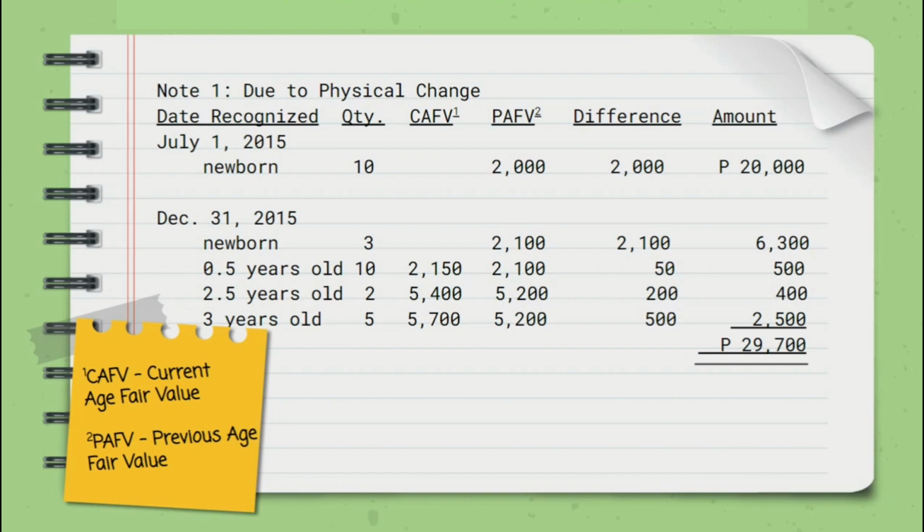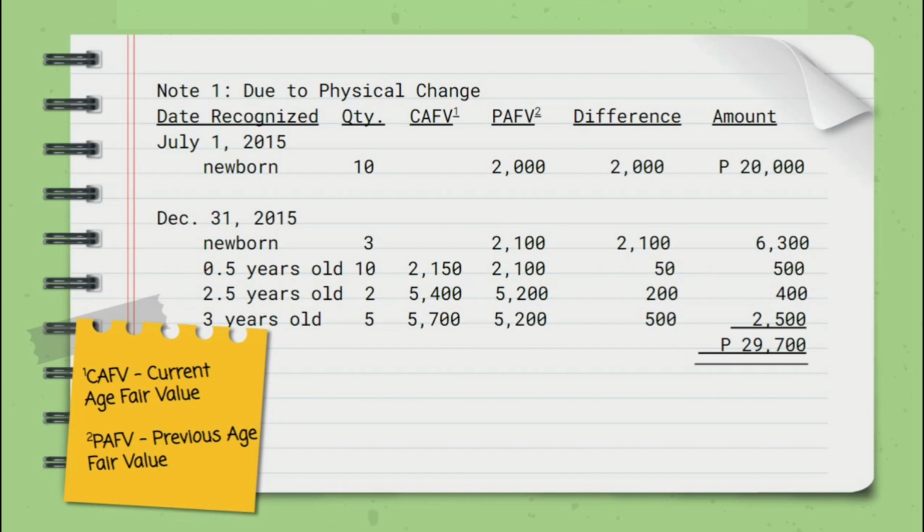And then for 2.5 years old with the current age fair value of 5,400 and a previous age fair value of 5,200, the difference is 200 pesos, which will give us the amount of 400 pesos when multiplied by 2.